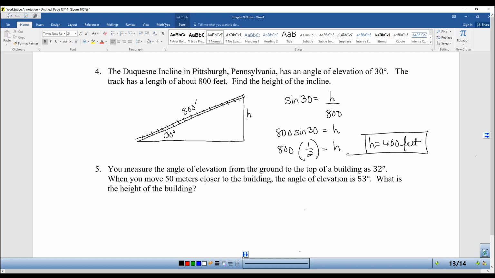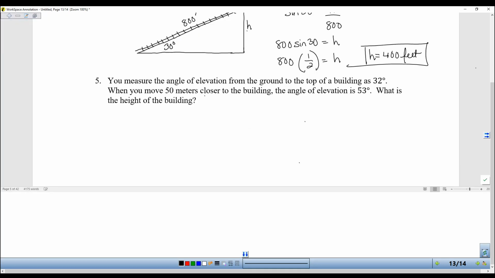Okay, number 5. When you measure the angle of elevation from the ground to the top of a building, it comes out to be 32 degrees. When you move 50 meters closer to the building, the angle of elevation is 53 degrees. So here's my angle of elevation to the top of my building, and it's 32 degrees.